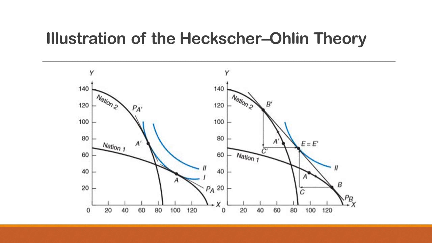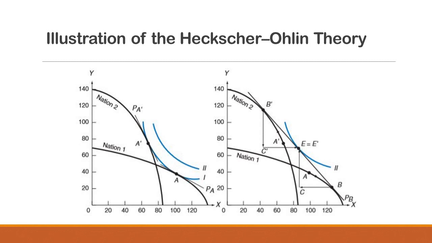At point A, you can see the price ratio line PA, which shows the domestic price ratio between the two commodities X and Y. At point A, the production possibility frontier is tangent to the price ratio line as well as the community indifference curve.